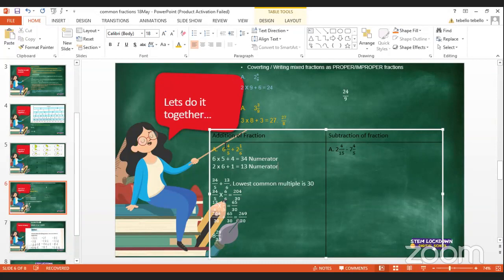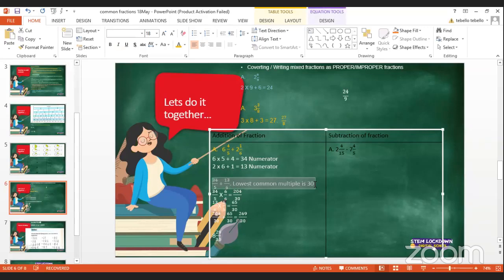The second one, we have 2 multiplied by 6 plus 1, which is 13. So here we have 34 over 5 plus 13 over 6.